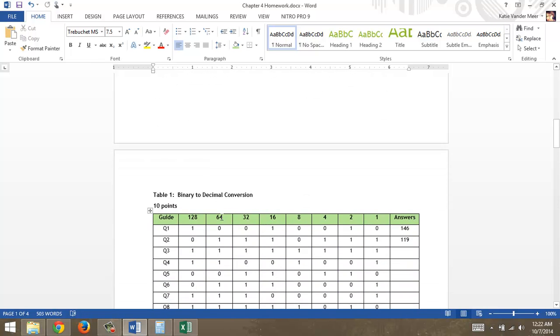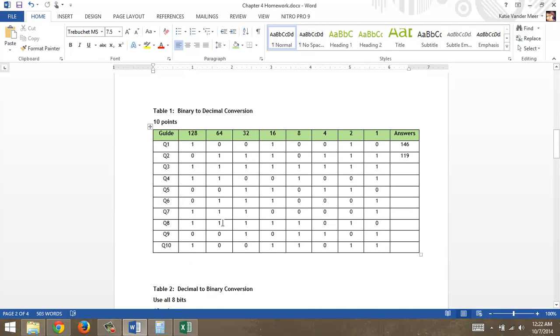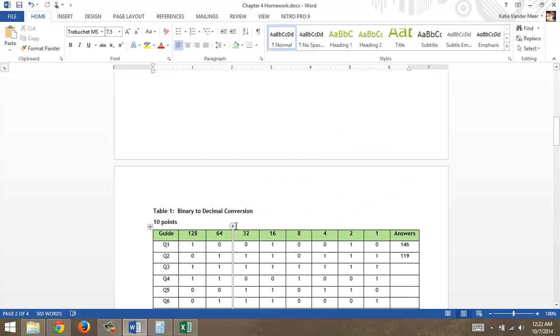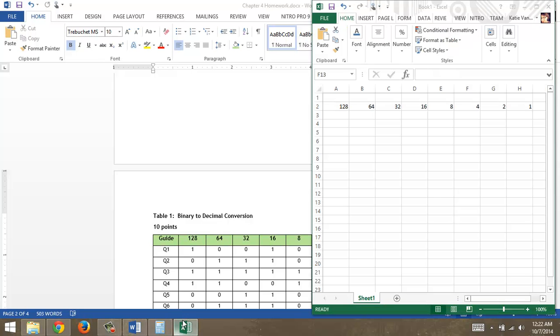Now, beginning with question 2, we have 6 tables that you're going to do to work on binary conversion. When you're given any IP address, I have a scratch pad up here I'm going to pull up, like 143.89.57.145.